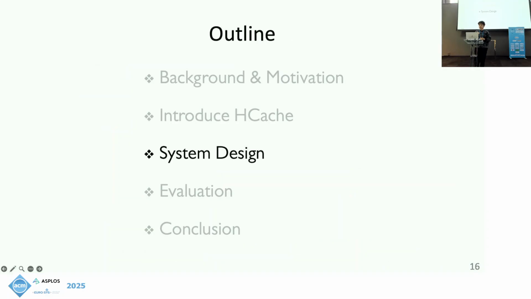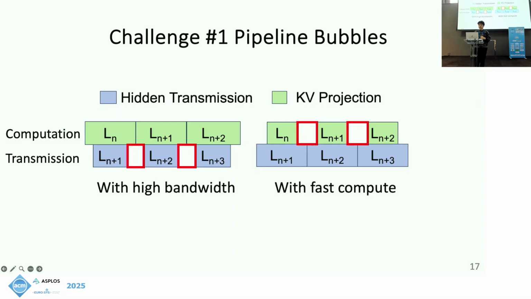Next, I will introduce the challenges and the system designs when we build a system based on the idea of HCache. The first challenge is pipeline bubbles. As shown in the figure, when we run the simple pipeline introduced before, we often encounter idle periods, those red boxes. On the left, on a platform with high transmission bandwidth, the transmission is fast, so it causes gaps between data transfers.